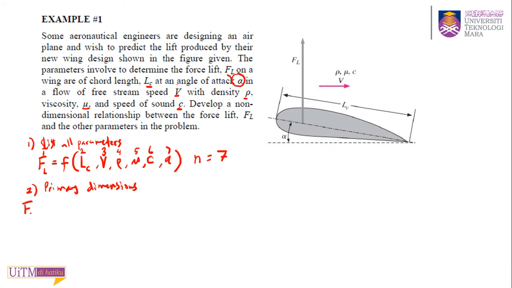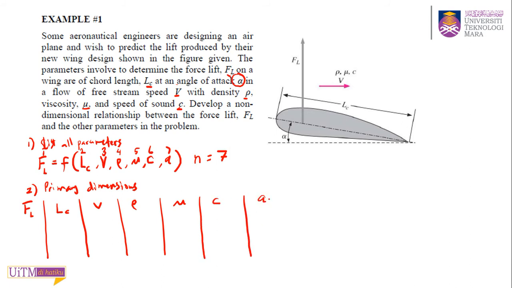So the force F, the lift force, and then the length, the velocity, the rho, the mu, the speed of sound c, and also the angle of attack alpha. What is the primary dimension for force?